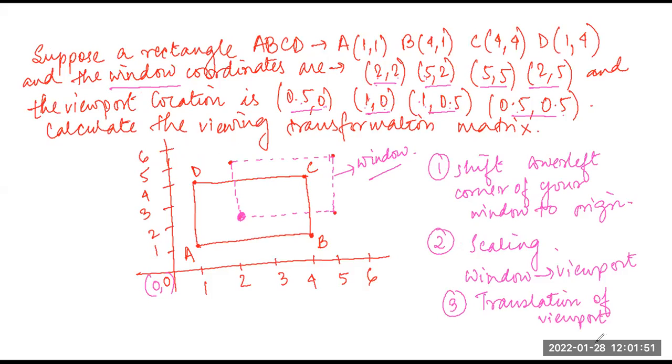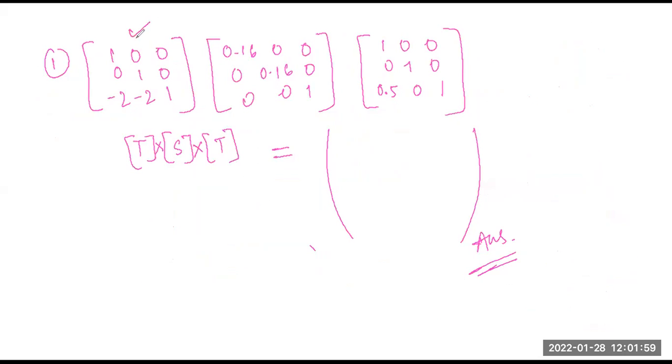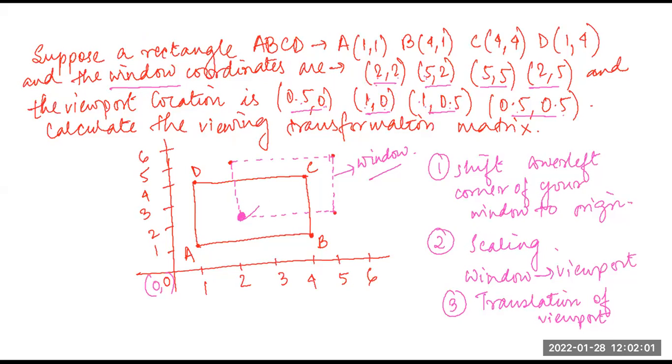You need to first, using the lower left corner of the window, using this coordinate, you need to first prepare this matrix. Then using the concept of window and viewport, see, maximum x value of viewport minus minimum x value of viewport gives you the width of the viewport.